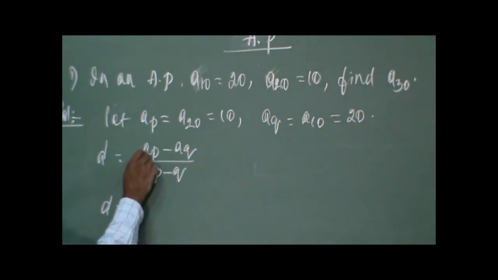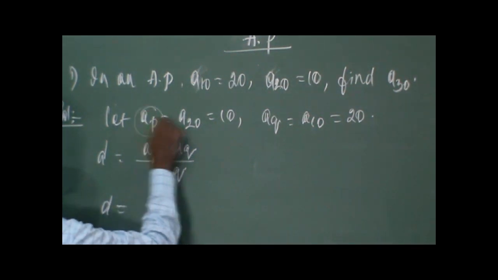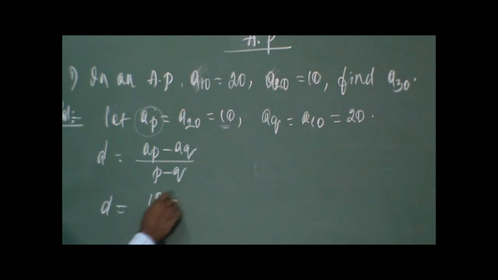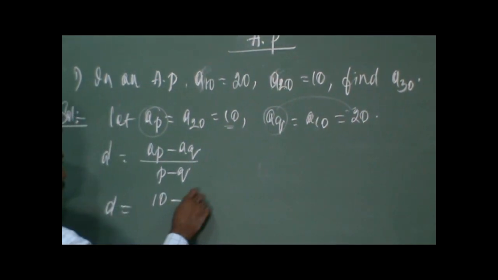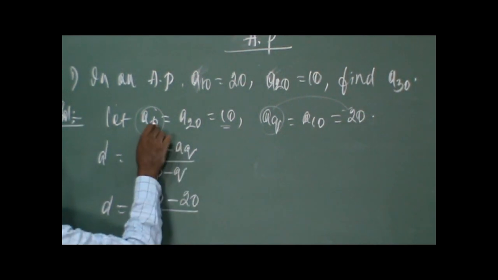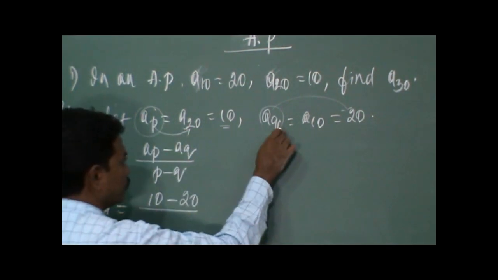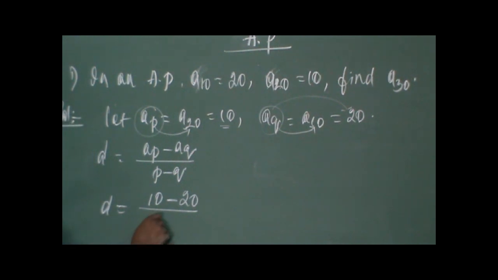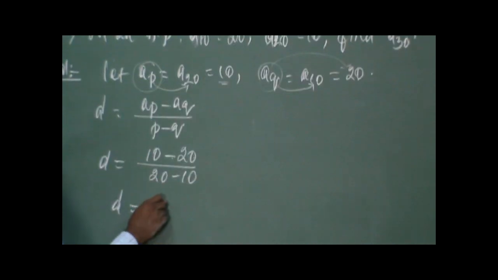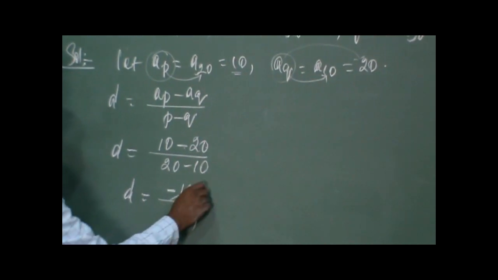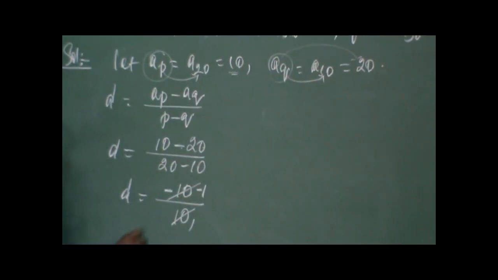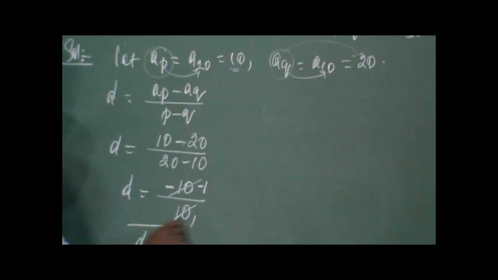So D is equal to 10 minus 20 by P minus Q. P value is 20 and Q value is 10, so that becomes 20 minus 10. So D is equal to minus 10 by plus 10. So 10 ones are 10, minus 1. Remember this. So D is equal to minus 1.